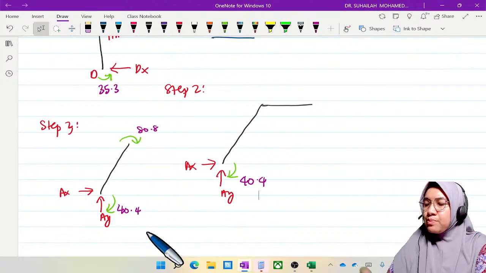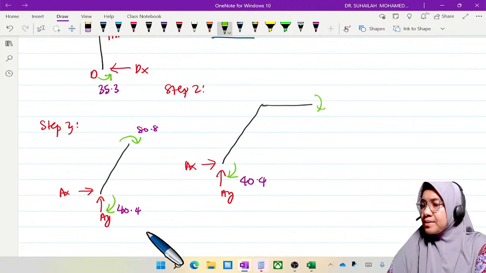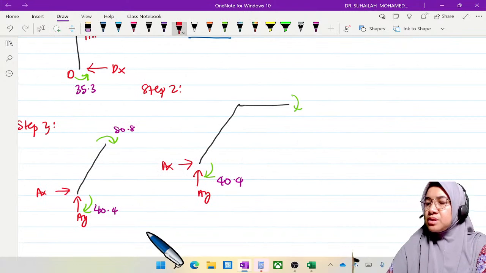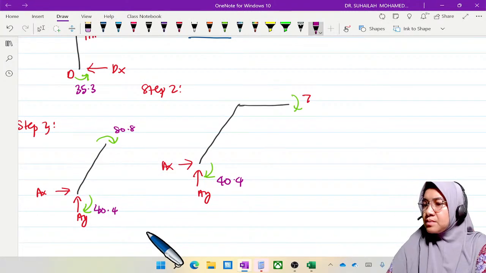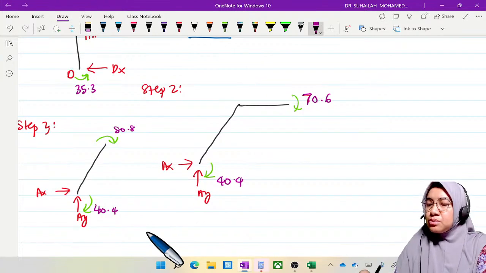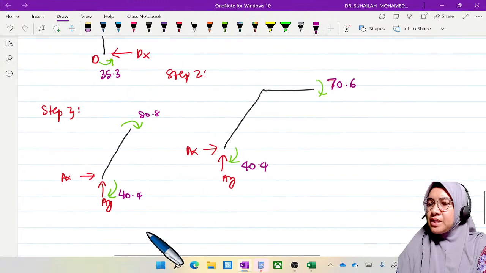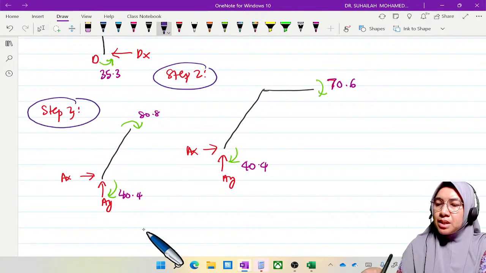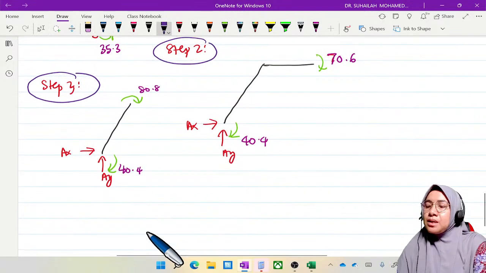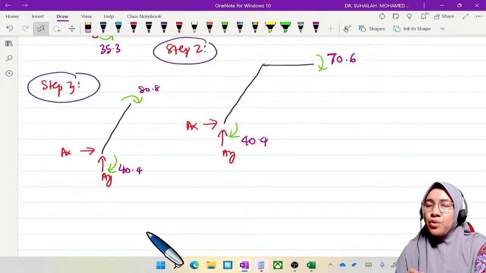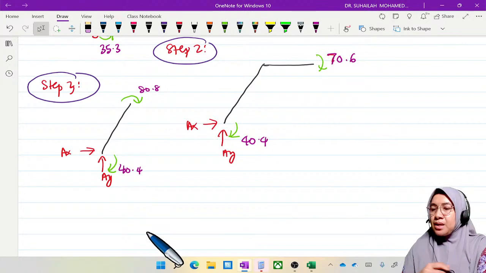This is 70.6 positive. Okay, we have this step number 2, step number 3, either one. So we will produce an equation with two unknowns.